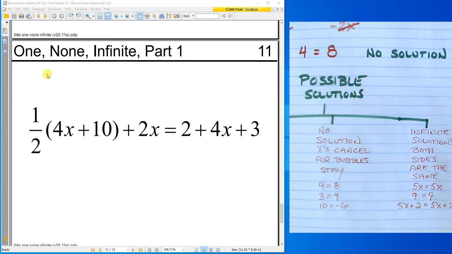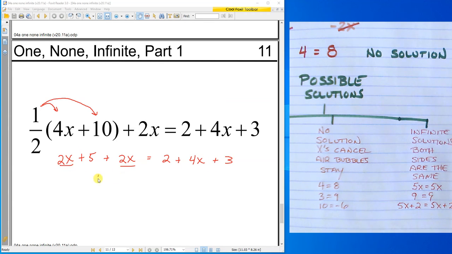Let's start with the distribution. Half of 4x is 2x. Half of 10 is 5. Plus 2x equals 2 plus 4x plus 3.